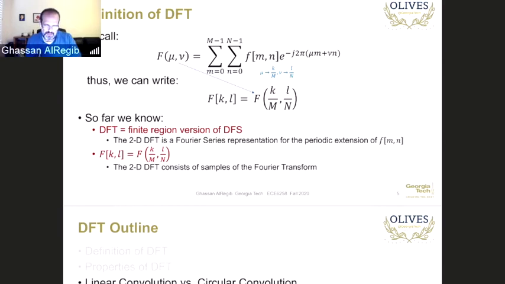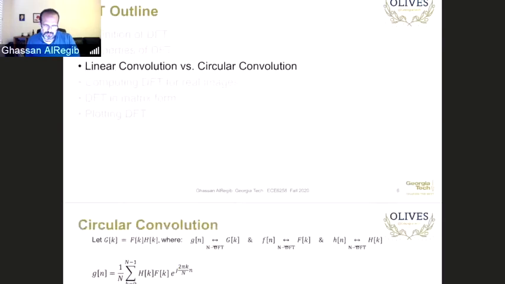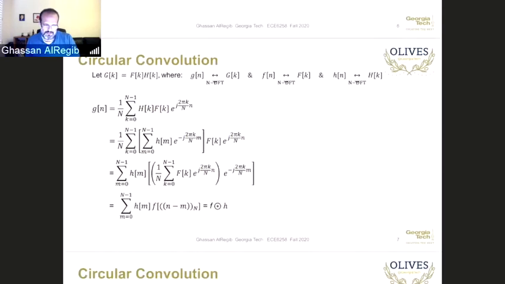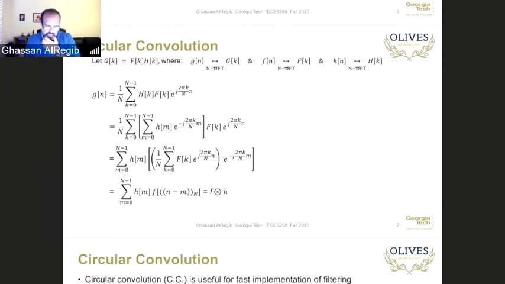The second thing to keep in mind is that you can think of DFT as sampling the DTFT in the frequency domain, and your sampling periods are the capital M and capital N, the size of the DFT.